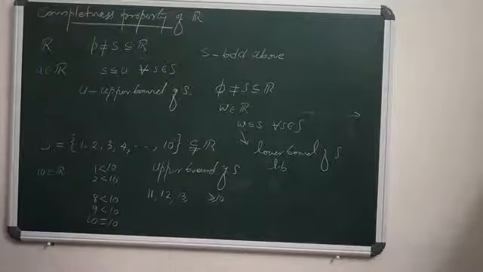If a set has an upper bound, it is bounded above. If a set has a lower bound, it is bounded below.